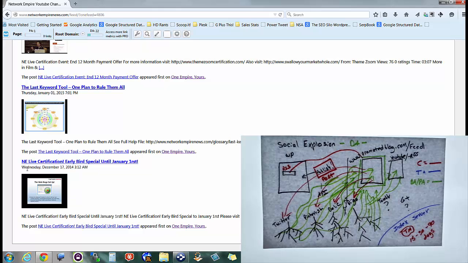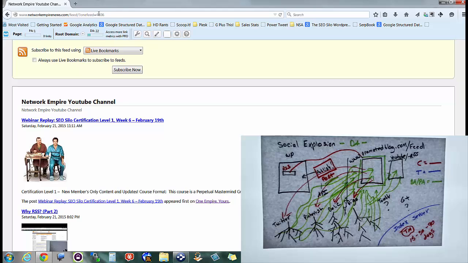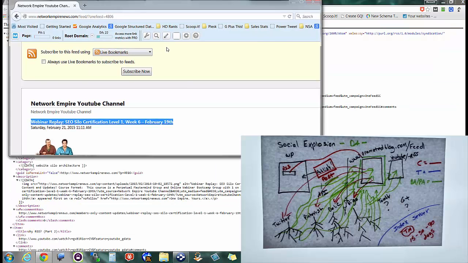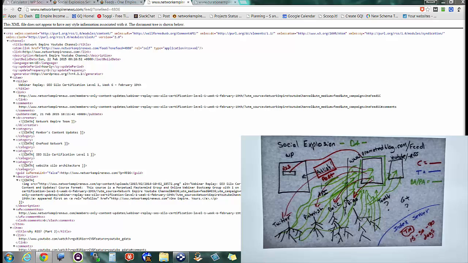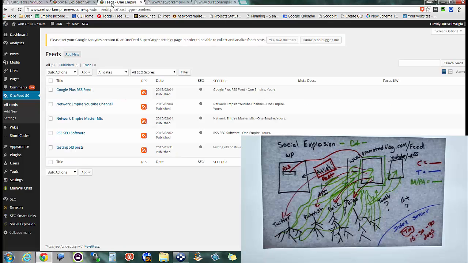And so when I publish a new post, if this is set to only have 50, then this one will be gone eventually, and we'll no longer get the juice on this page even if the juice is high. So sticky at top is a very functional and important tool for OneFeed Supercharger. And you can't do that with Yahoo Pipes. There is no sticky at top on Yahoo Pipes.